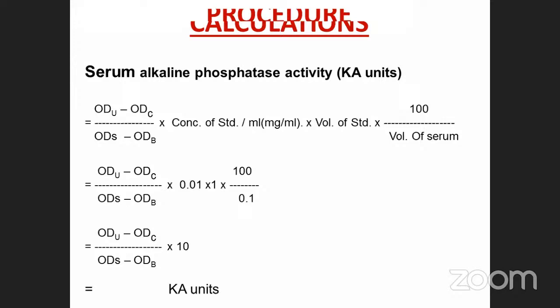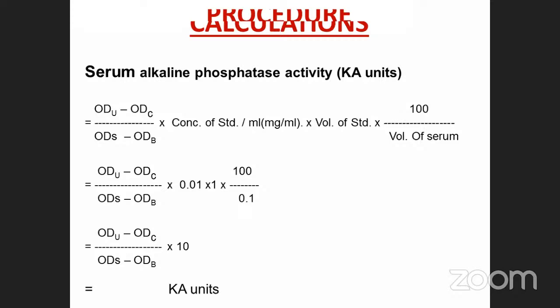In this case, the concentration of standard is 0.01, volume of standard 1, into 100, divided by volume of serum 0.1. That's why the multiplication factor is 10.